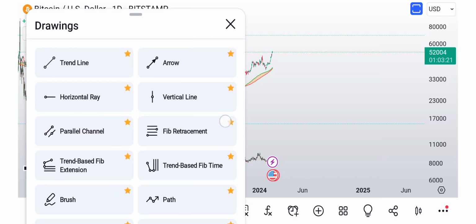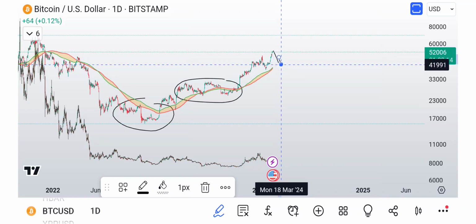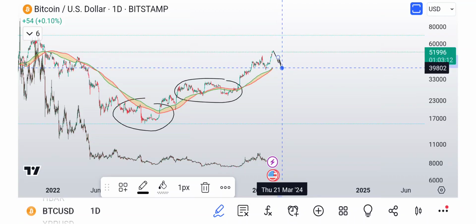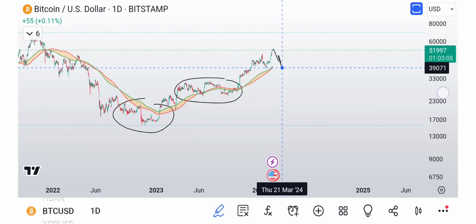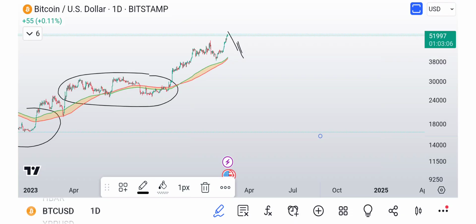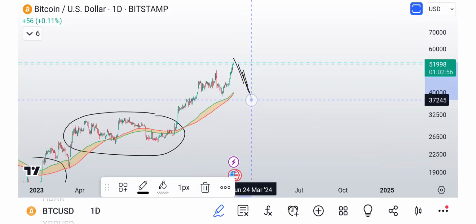Don't really know until we start getting a dump. Once we get the dump, then we want to see where it stops. Once it stops, right? Let me take Theta off for a minute. Once it stops, you're going to want to see a reversal. So where's the reversal going to happen?